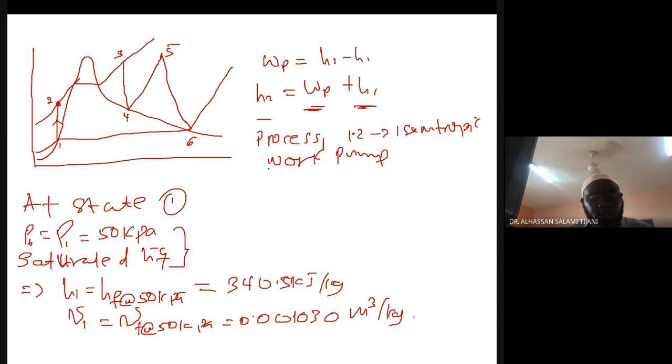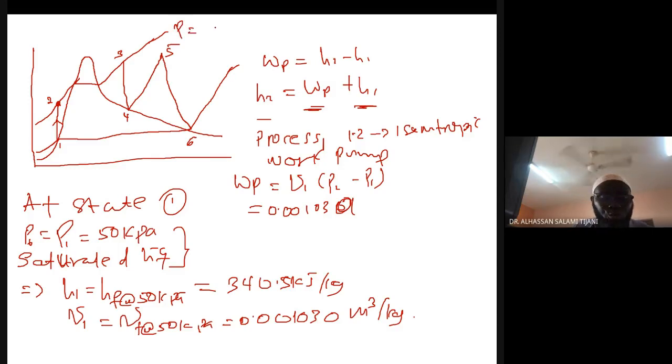Now W pump equals, if you remember this equation, v times (P2 minus P1). So v gives me 0.001030. Now, the pressures are given. We know the high pressure line and low pressure line. Here P equals 7 megapascal, and here P equals 50 kilopascal.